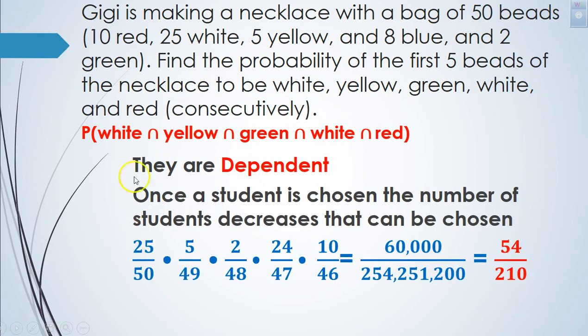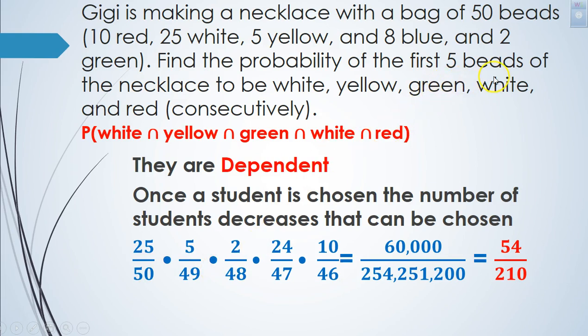So we have 25 white beads, so we're going to put that 25 over the 50. Then it says yellow, and we have 5 yellow, but remember, we kept that bead, right? So there's only 49 beads left in the bag. Then we have green. There were 2 green. See up here, 2 green. So that's going to be 2, again, over 48 because we got 2 beads out of the bag now.